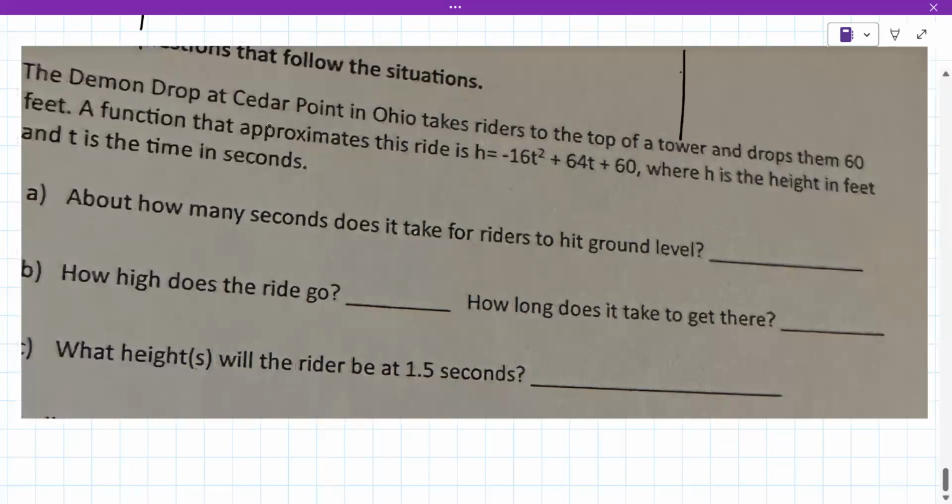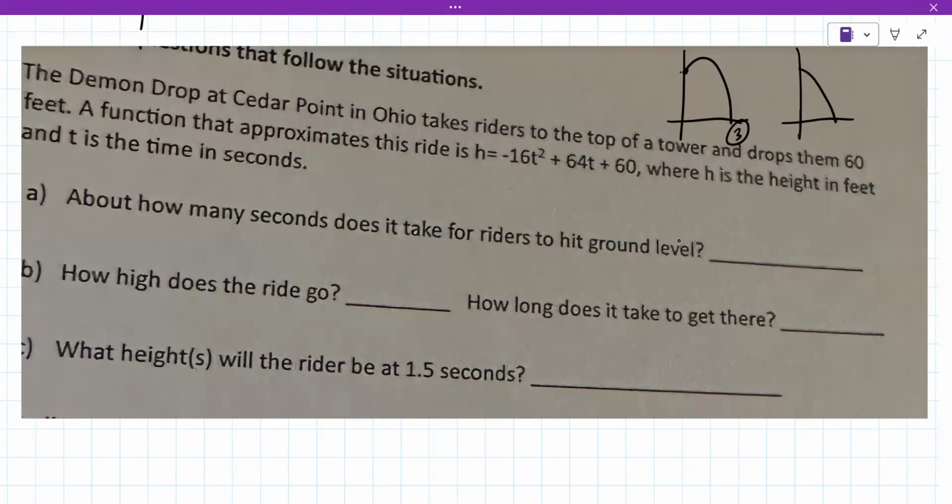The way they describe the ride, it's just a straight drop, but graphically it goes up a little bit, because this is positive. Nevertheless, how many seconds does it take for the riders to hit ground level? You care about h equals 0.